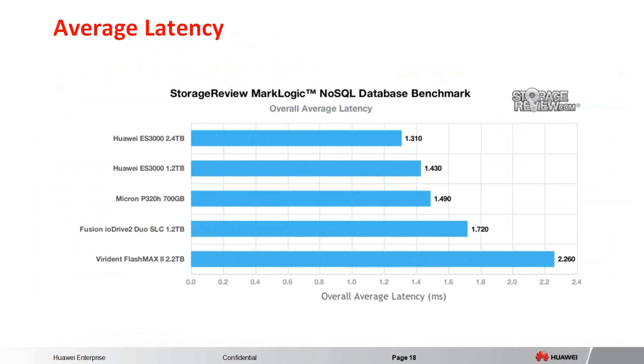I mentioned earlier. So this gives you a highlight of where Huawei is for the MarkLogic NoSQL database benchmark for overall average latency. If your environment is really online transaction processing, or you have databases that are SQL, NoSQL, in financial it is all about latency.